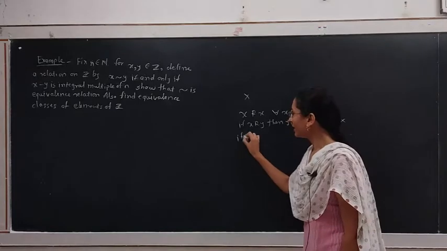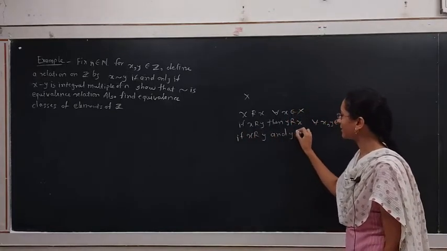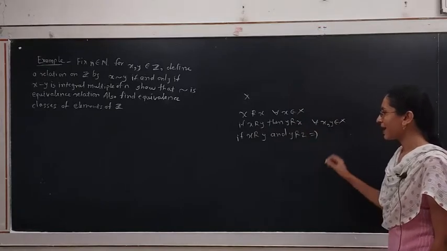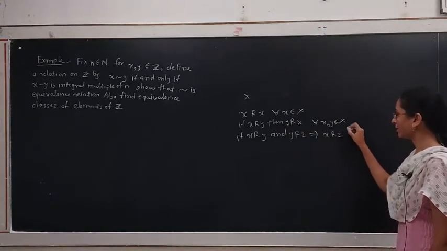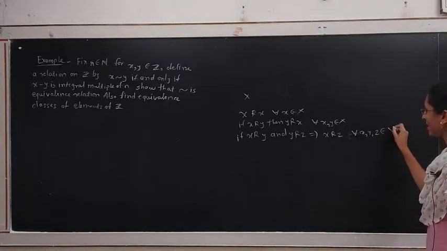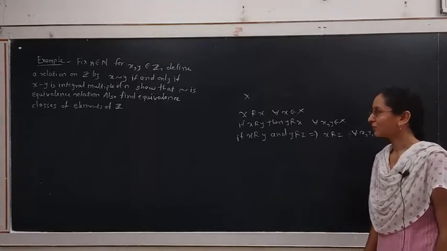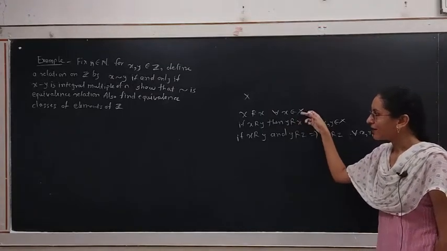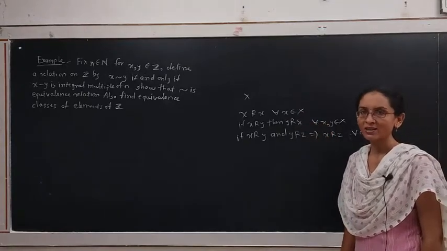And if xRy and yRz imply xRz for all x, y, z belongs to X, then R is called a transitive relation. If R is reflexive, symmetric and transitive, then R will be an equivalence relation.